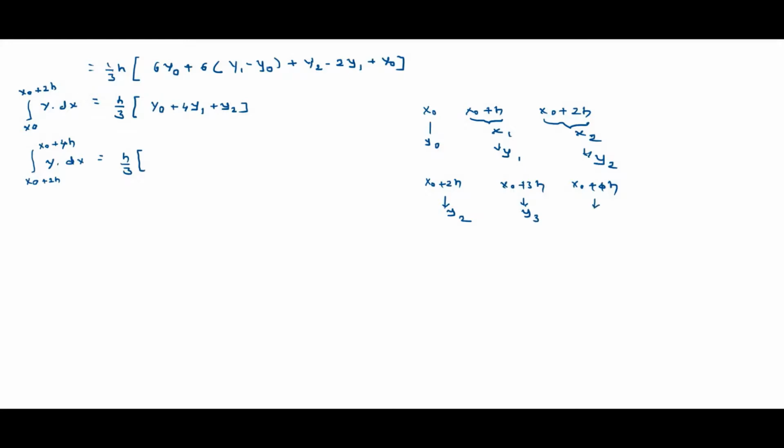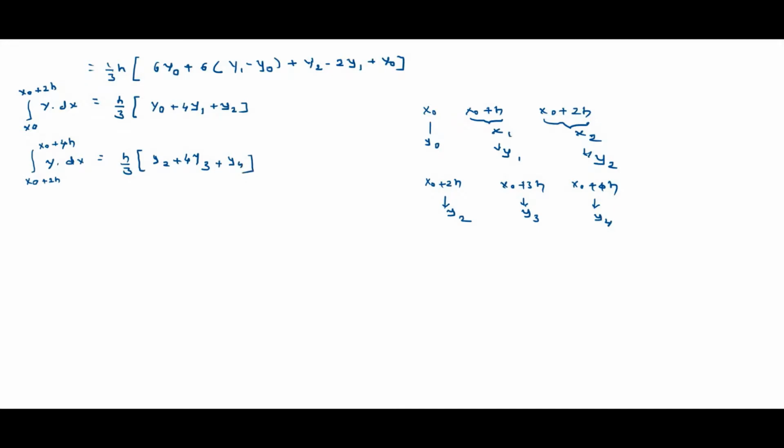And x0 plus 4h is nothing but x4, its corresponding value is y4. So here we can write it directly as y2 plus 4y3 plus y4.